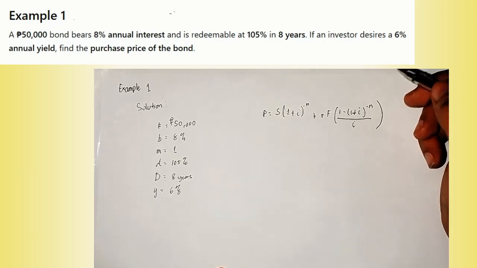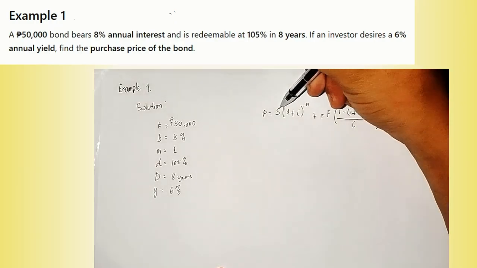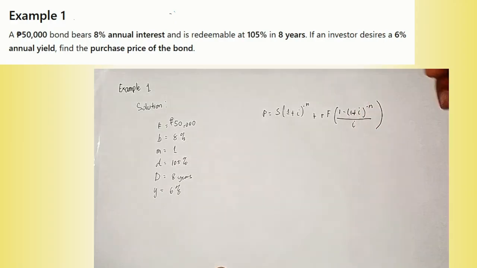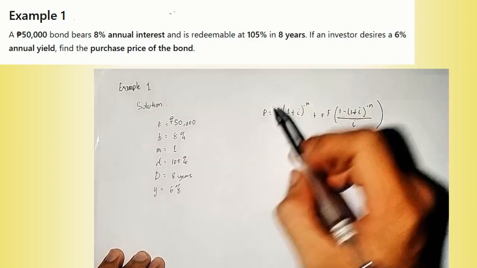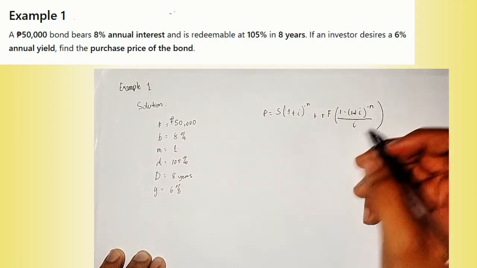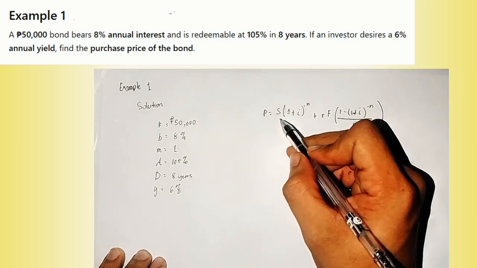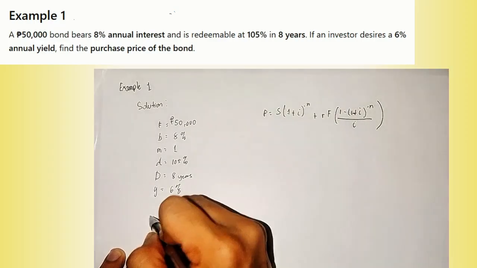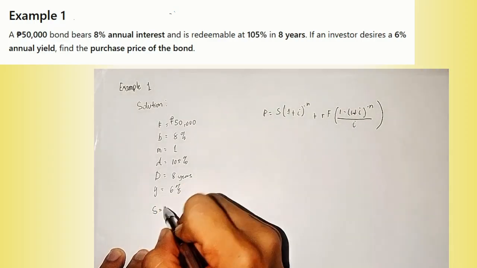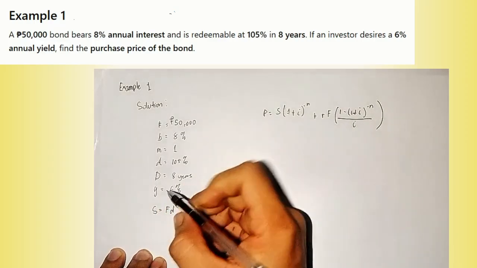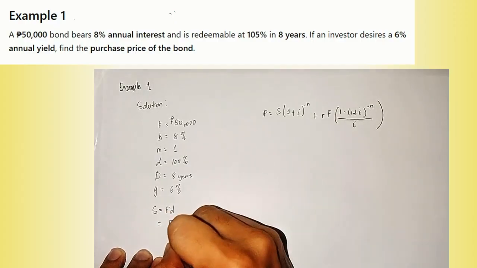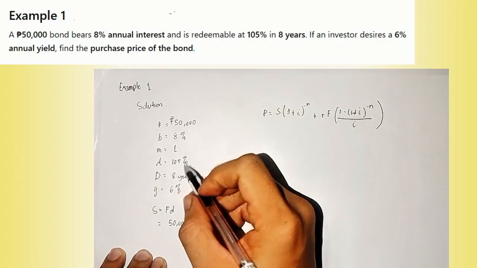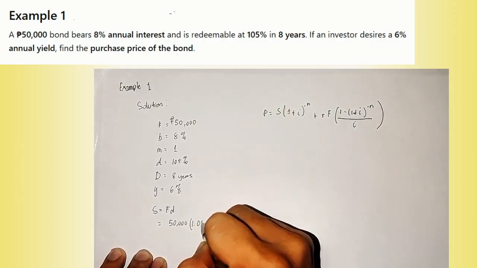Now in our formula we have S, n, I, and R, right? So we need first to find them. Since we have S, basically S is the redemption value. We have the formula S equals F times D, where F is 50,000 and D is 105%, or basically 1.05.